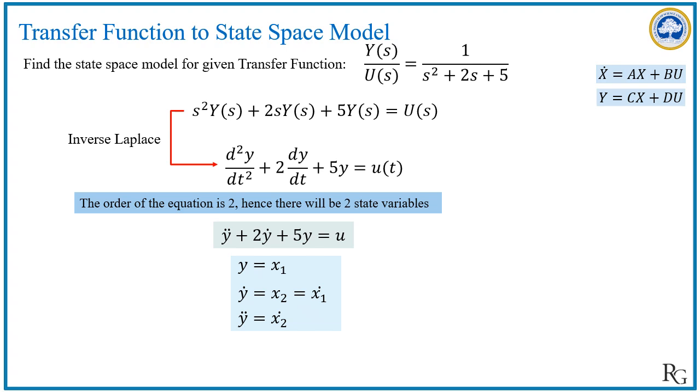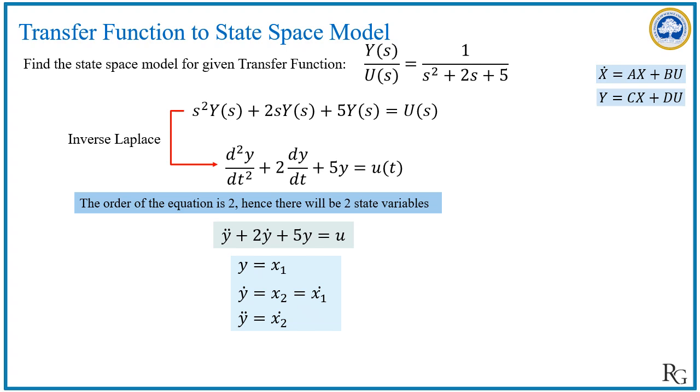So let's say the first state variable is x1 and the other state variable is x2. So let's say y is equal to x1 and y dot is equal to x2, and y double dot will be equal to x2 dot. So likewise we can correlate all these state variables with the differentiation of output.